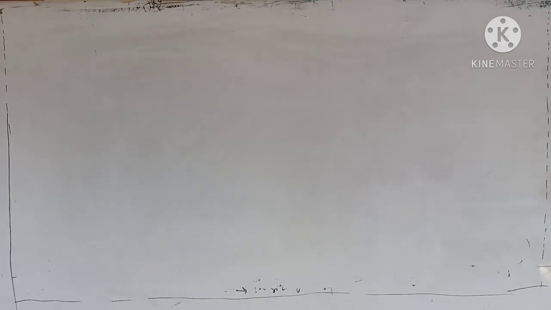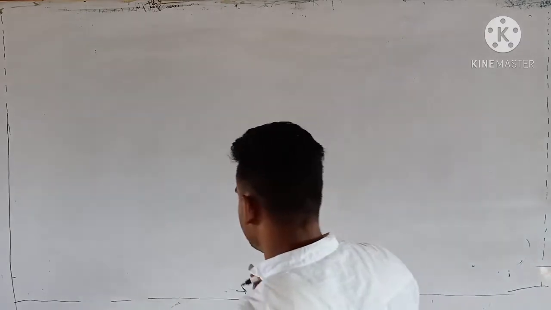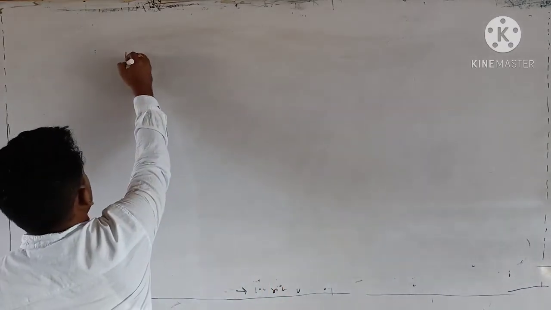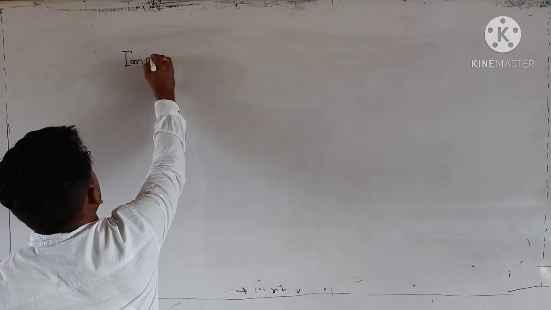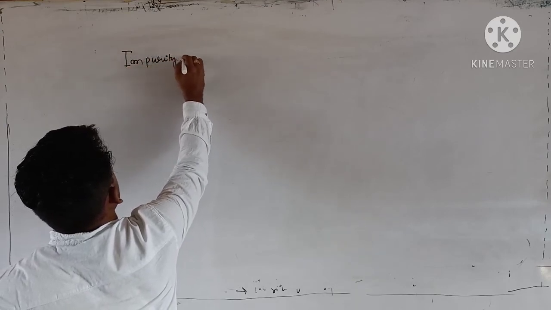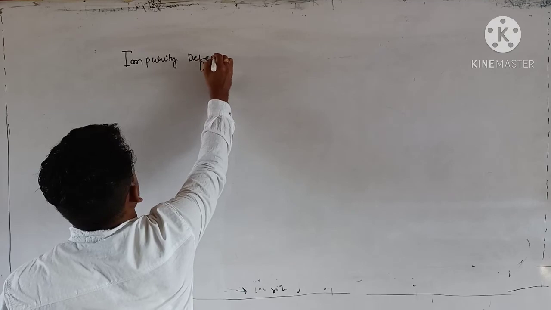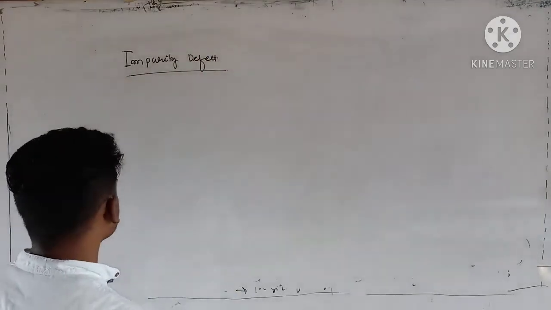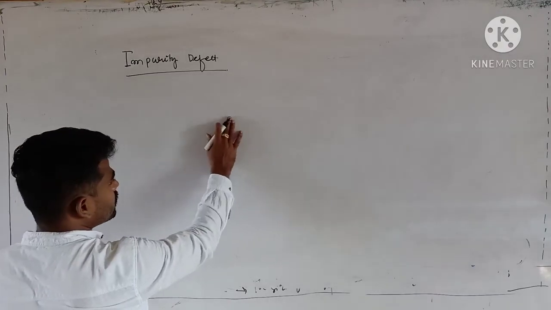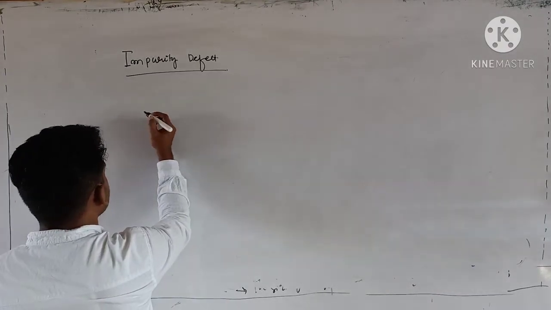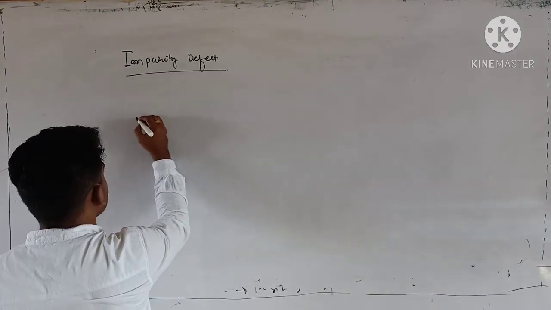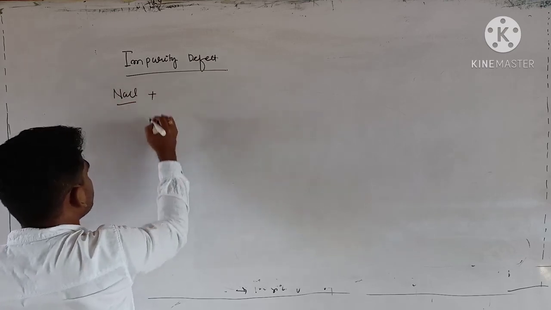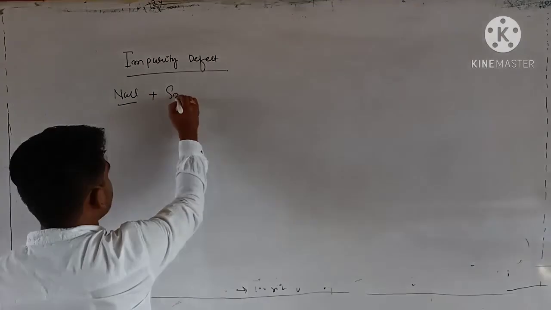Next, the final defect, that is the impurity defect. Impurity defect means, suppose a genuine regular NaCl crystal contains some strontium chloride in very small amount.